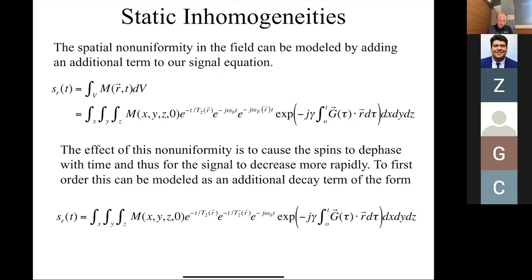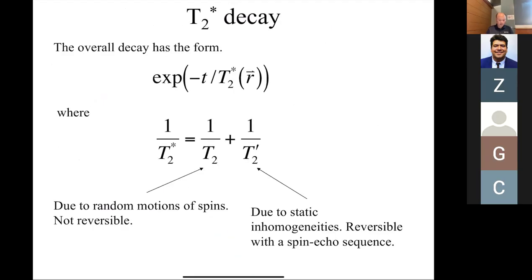The way we're going to represent that is we're going to add this T2 prime term to our T2. T2 is the random dephasing we talked about. This is now representing the static dephasing. And so the overall thing is what we call T2 star.